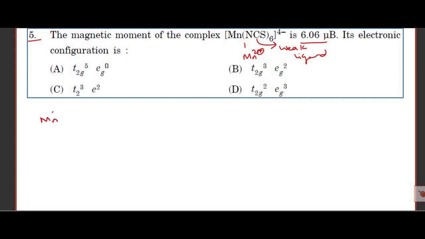So for Mn2+, for a weak ligand, it's a 3d5 configuration, t2g, eg, all are unpaired electrons. There are 5 unpaired electrons.